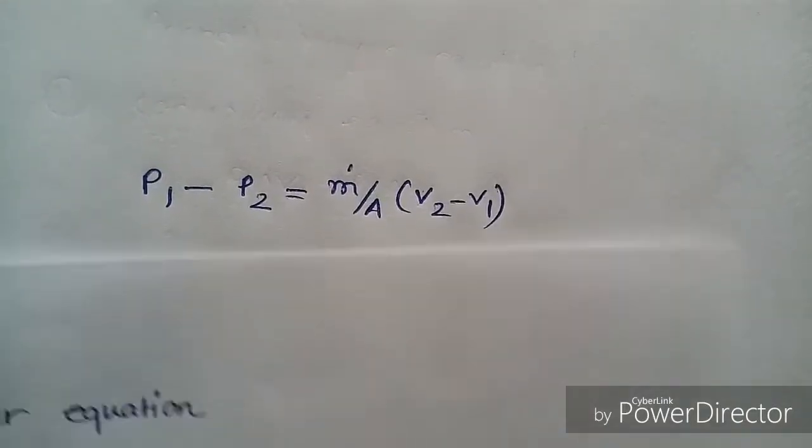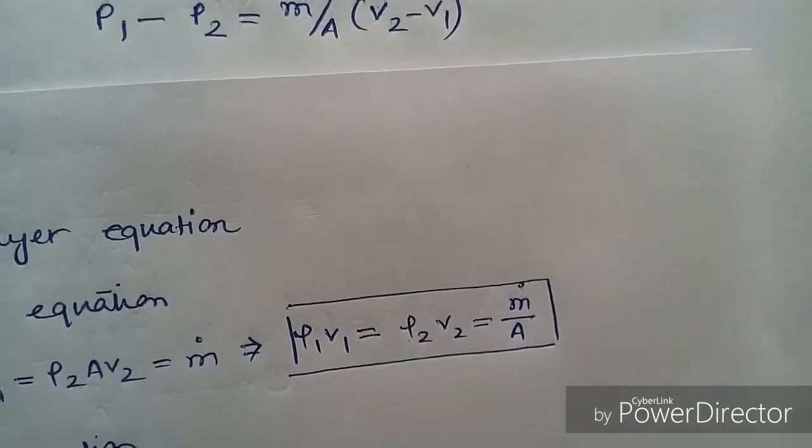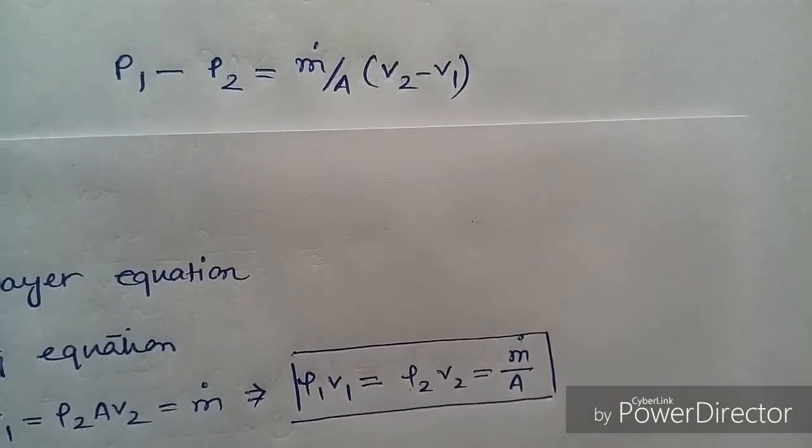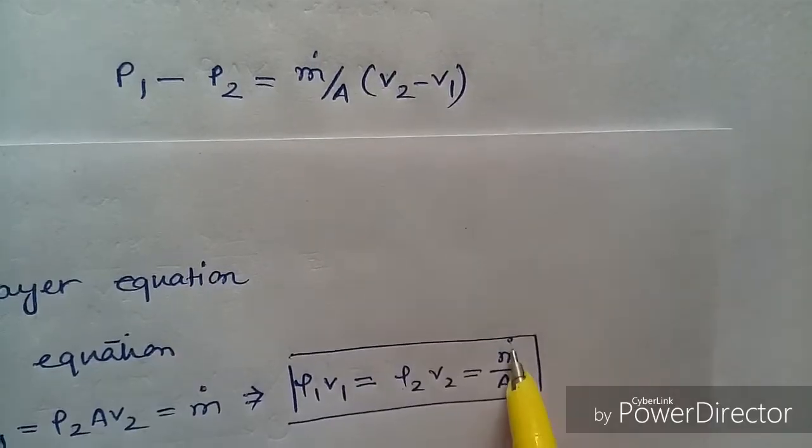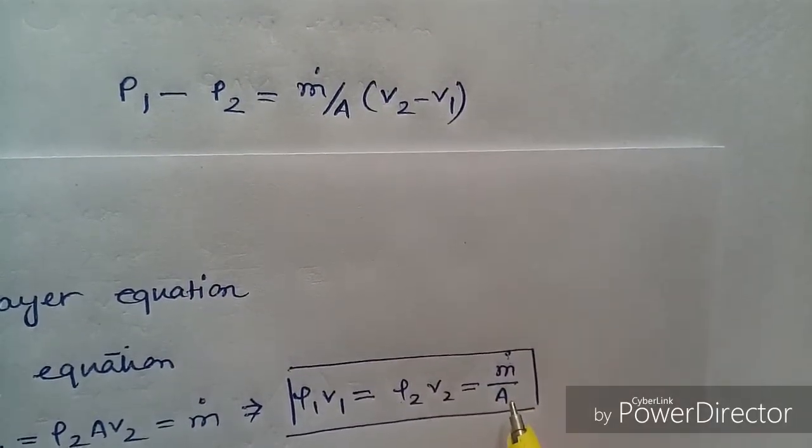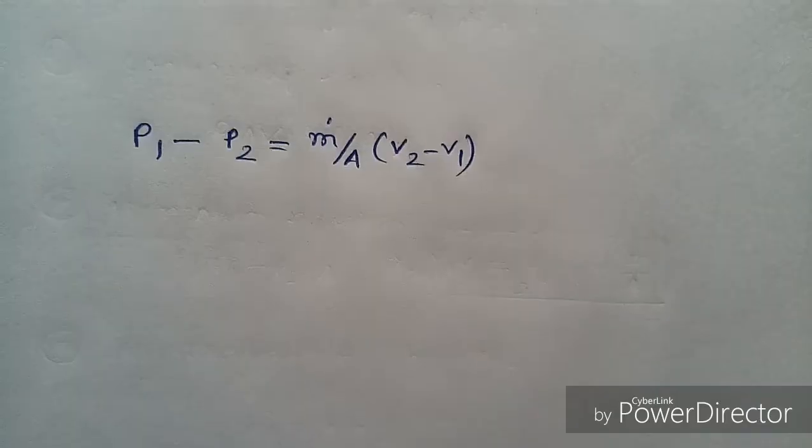Now you can put this value of m dot by A here.